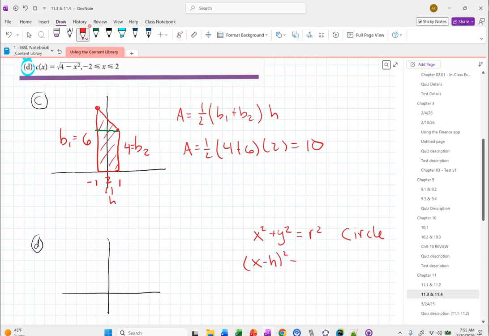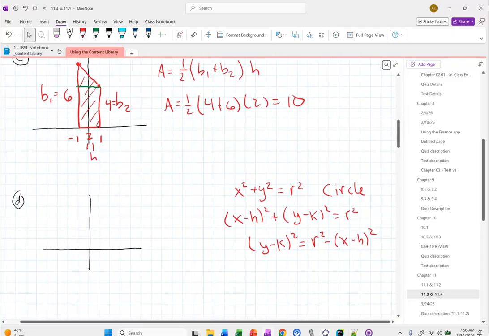Now, in general, for a circle with center h comma k, we'd say this. And if I rearrange this to try to get the y by itself, I'd have something like that, right?